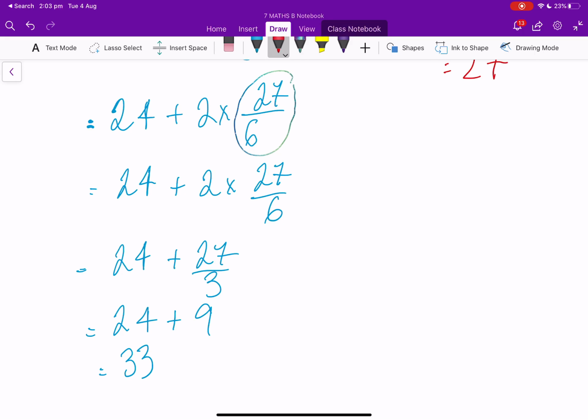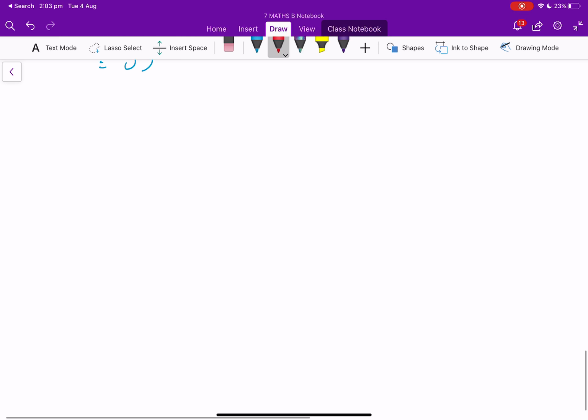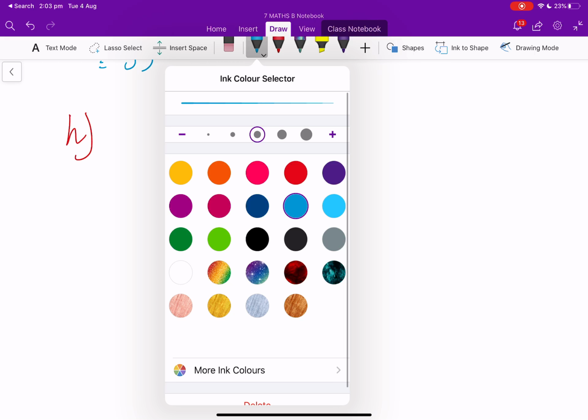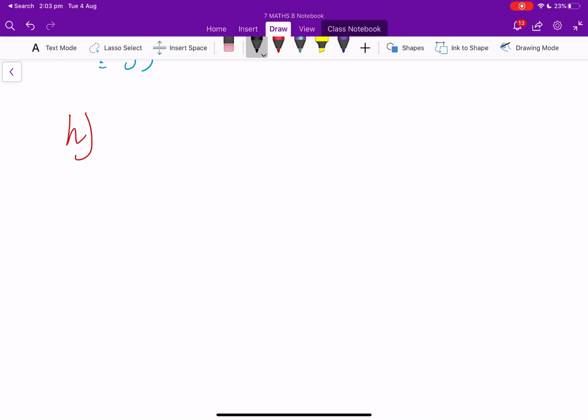Just have one more to go, which is H. Okay. In brackets, you've got 2c, close brackets squared, take away a squared.